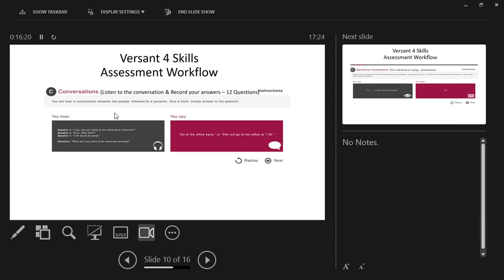Third one is conversation. So you hear a conversation between two people and record your answers to the questions. For example, you have speaker 1 and speaker 2. Both of them are talking to each other.